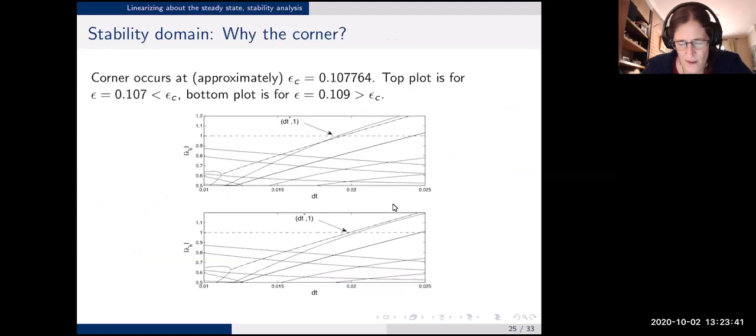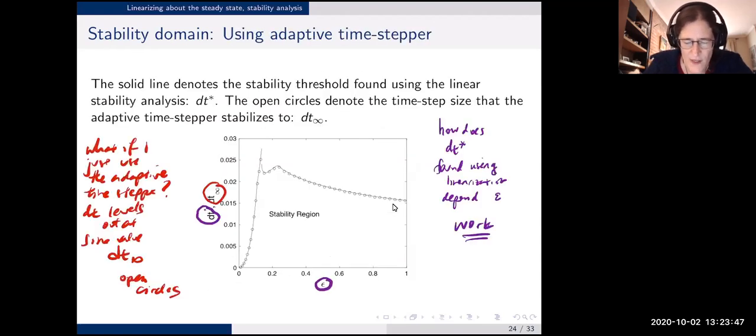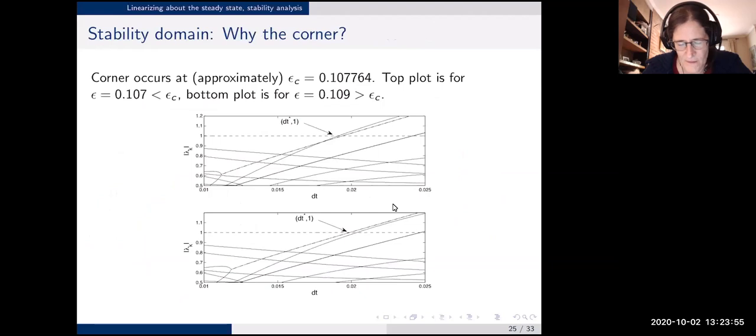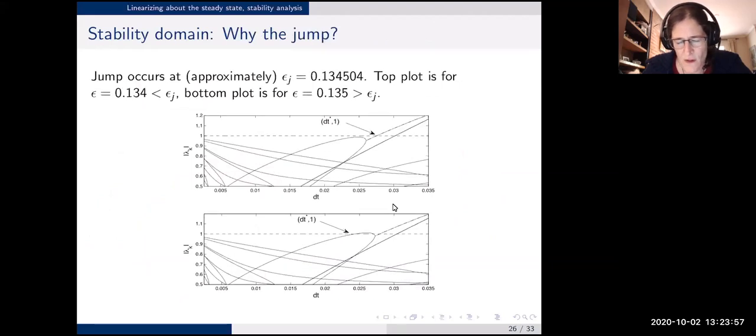Now, let me talk about, there's a corner and there's a jump. So right here, there's a jump. So why is there a jump? The jump occurs approximately at a certain value of epsilon.